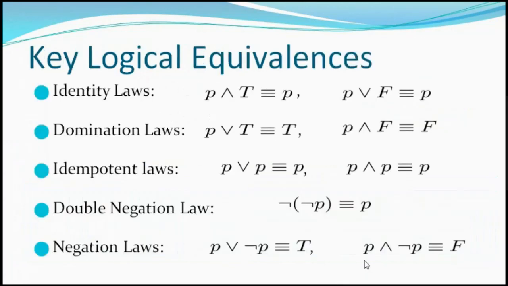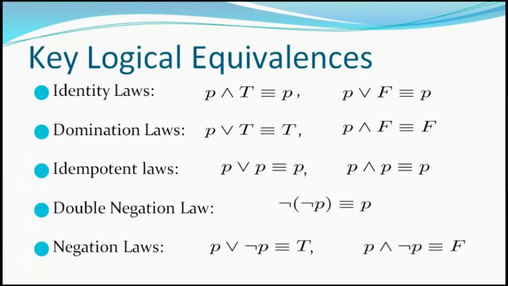And here are some key logical equivalences. Identity law: P and true is equal to P, and P or false is equal to P. These are the basic proposition laws and combinations, conjunction and disjunction, that we have seen in the previous lecture. Domination law: P or T, that is true, is equal to true.